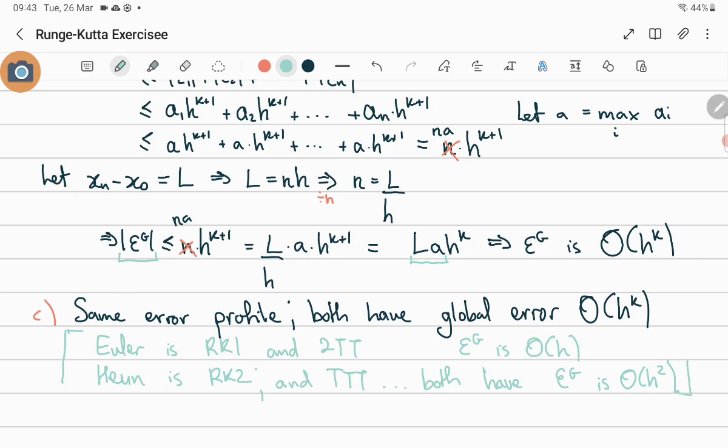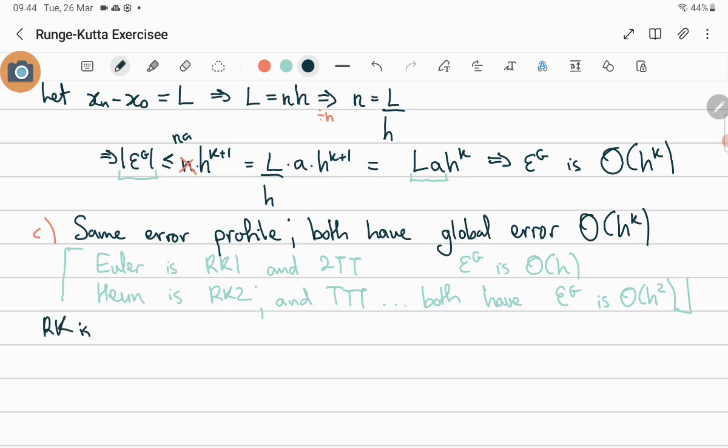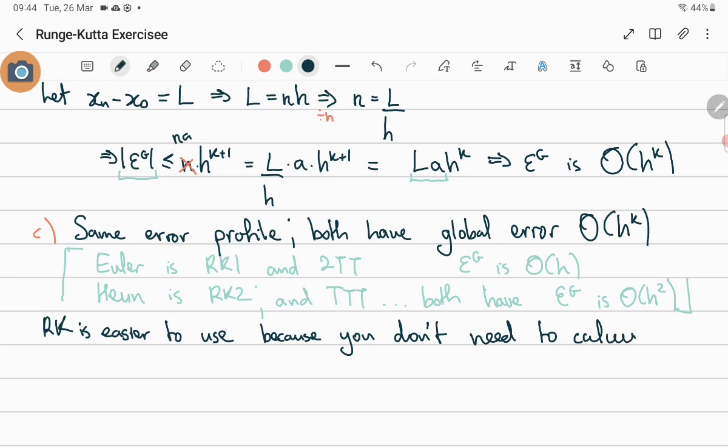So they have the same error profile. Now the question is, why would you use this complicated Runge-Kutta thing with all these formulas, when the Taylor methods are quite simple? The reason is that for the Taylor methods, you need to calculate derivatives, so Runge-Kutta is easier to use. You don't need to calculate higher order derivatives.